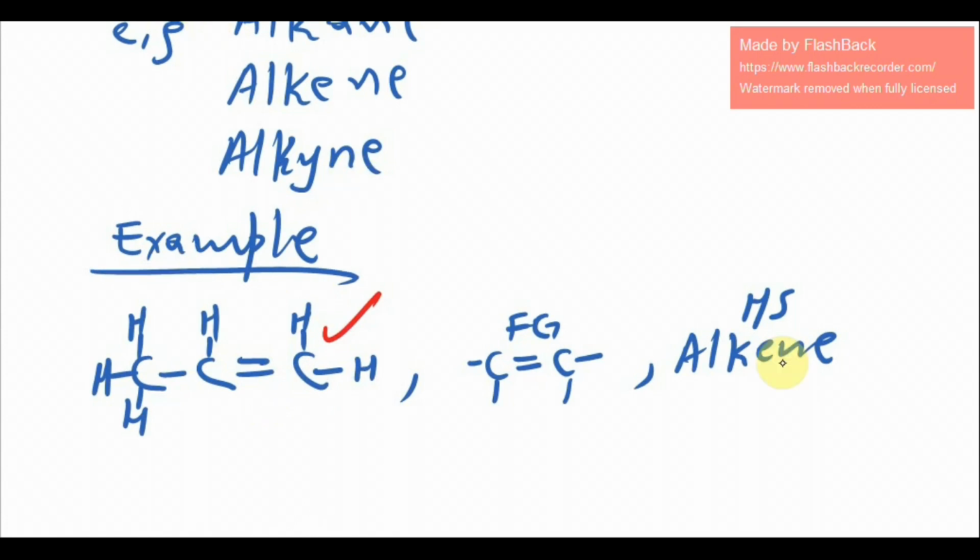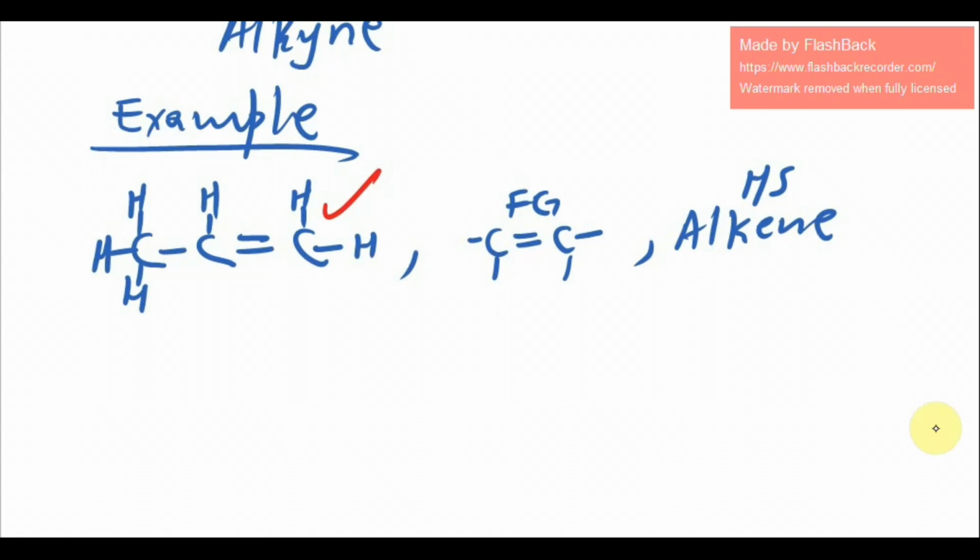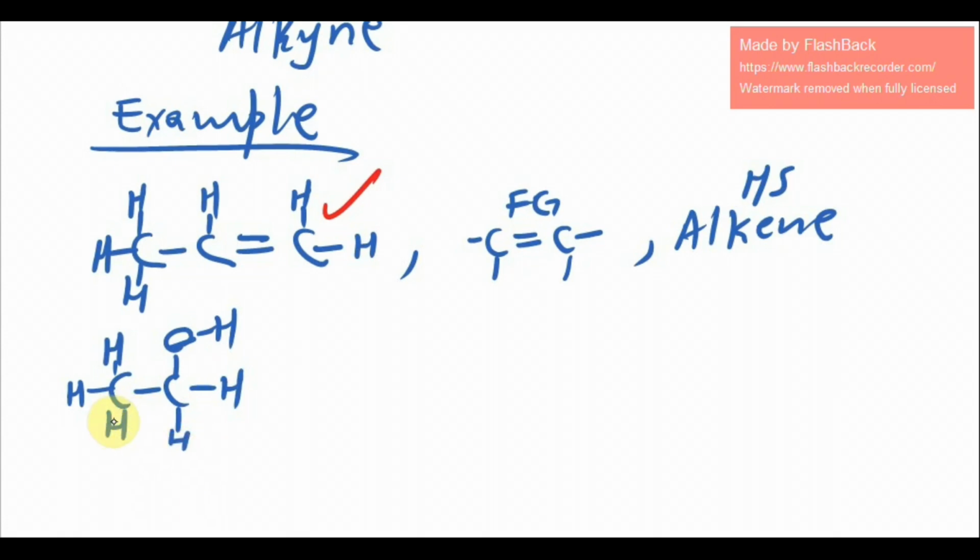Let's look at example number 2. 1, 2, OH. Okay, so this compound is known as ethanol, right? So the ethanol has OH, carbon OH.